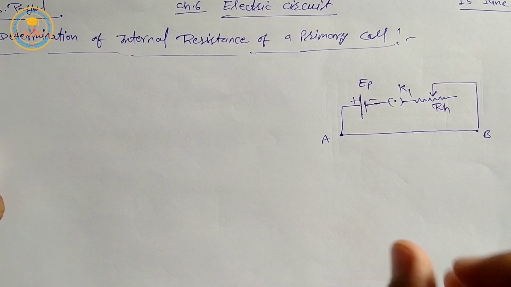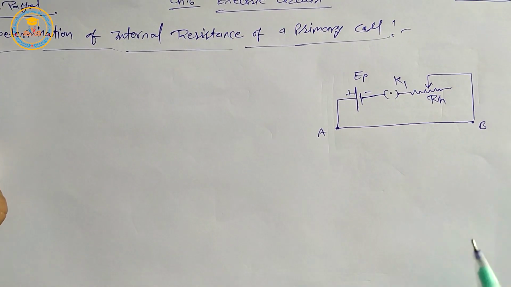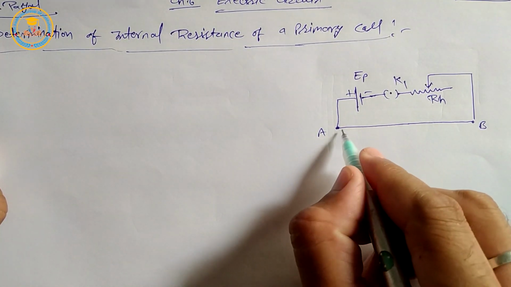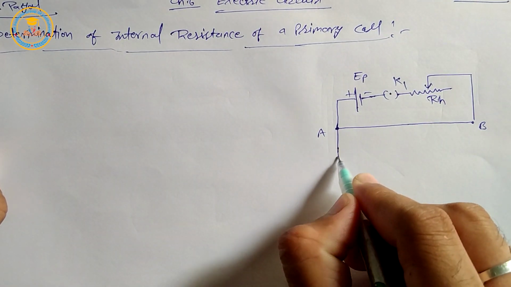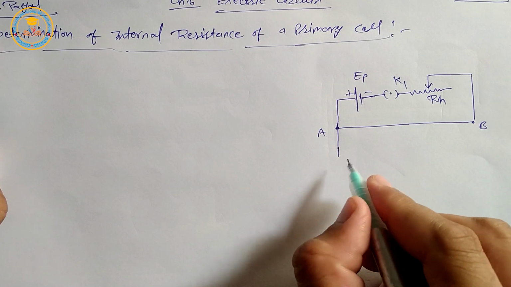Now in the secondary circuit we have another cell with unknown internal resistance.